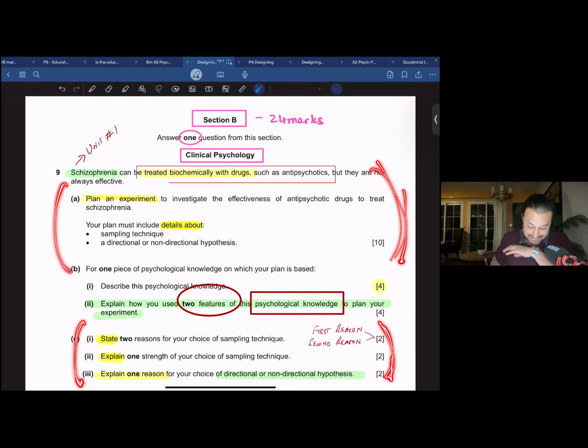So for the C part, remember, this is a 6-mark question, so you should have 9 minutes to be able to do this, right?